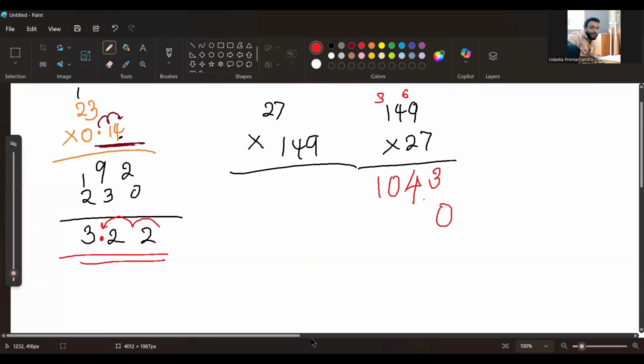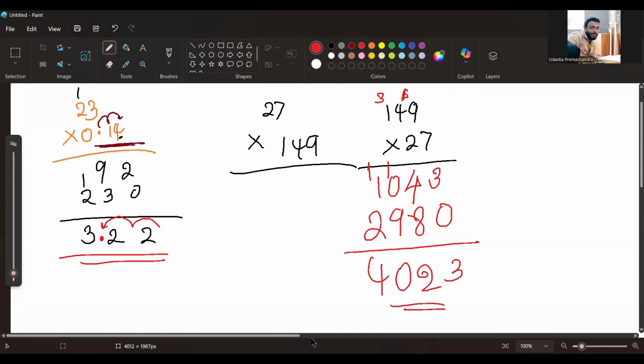Put 0. 18. Remember what? 2 into 4, 8, 9. Just add them. 3, 12, 10, 4. There are no decimals for it. So it's 4023. Like that, no? Yes.